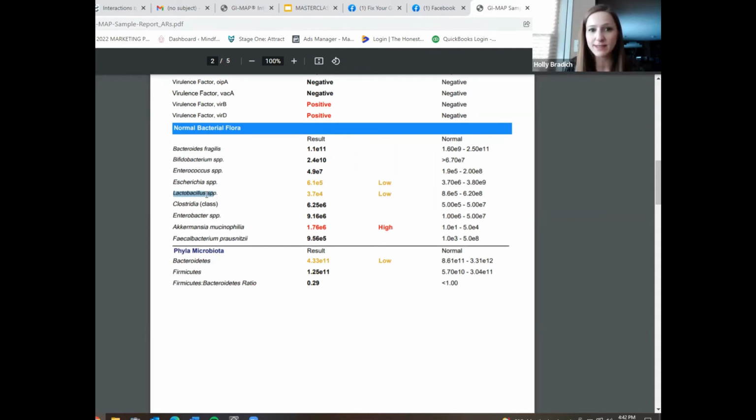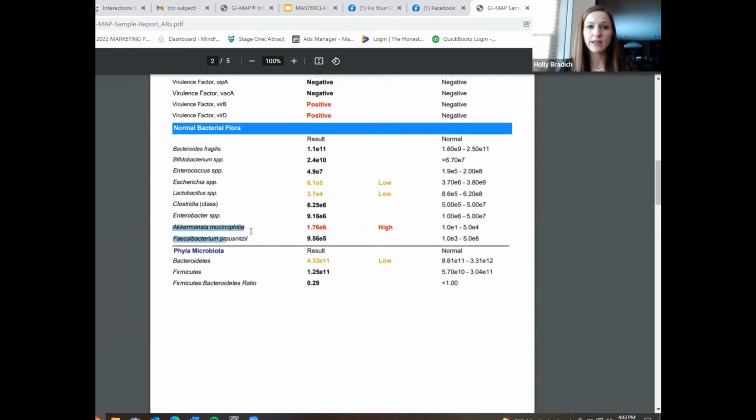So here it doesn't specify per se. It's talking about lactobacillus as a whole group. So there's many different types of them, but they're all considered probiotics usually, right? And so we would want to see that at least in the normal reference range here. But here we're seeing that it's low. So that's a problem. This person does not have enough healthy lactobacillus bacteria.